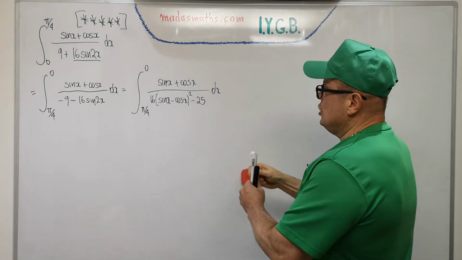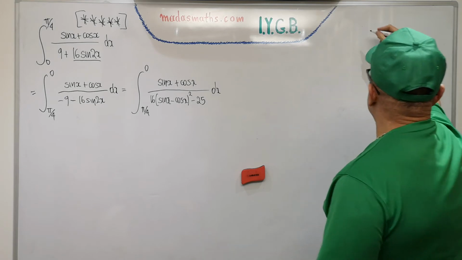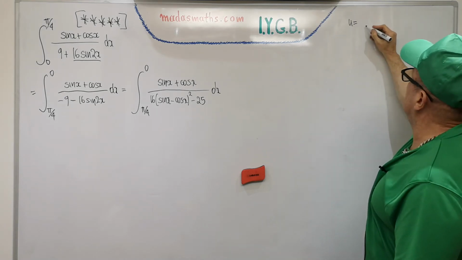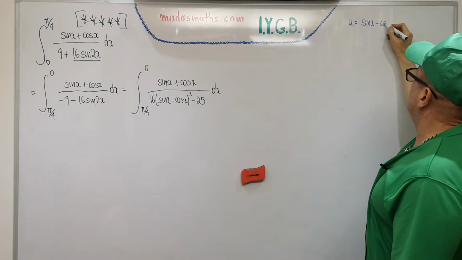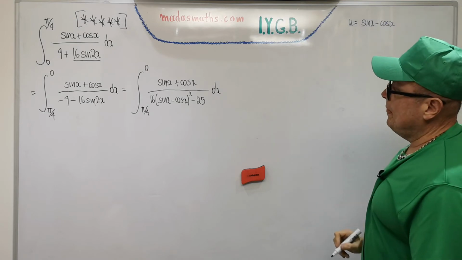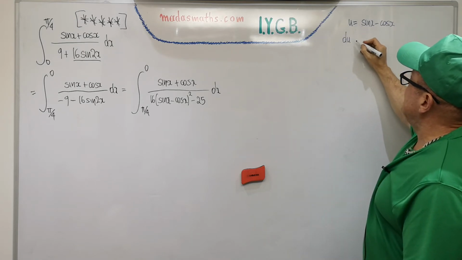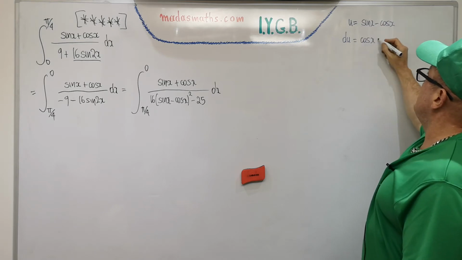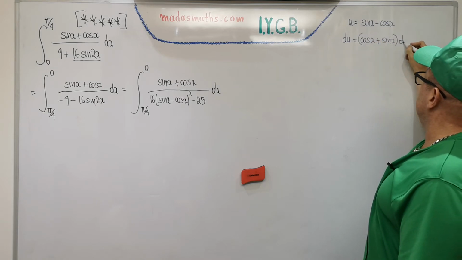I'm going to use a substitution so we can all see what's going on in there. Let's put the workings up here. u is sine x minus cos x, that's my denominator there. I'm going to leave it in differential form because it's easier. du is equal to cos x plus sine x in a bracket dx.